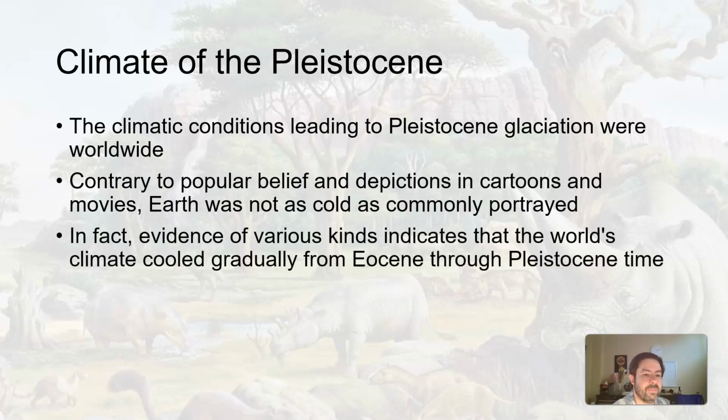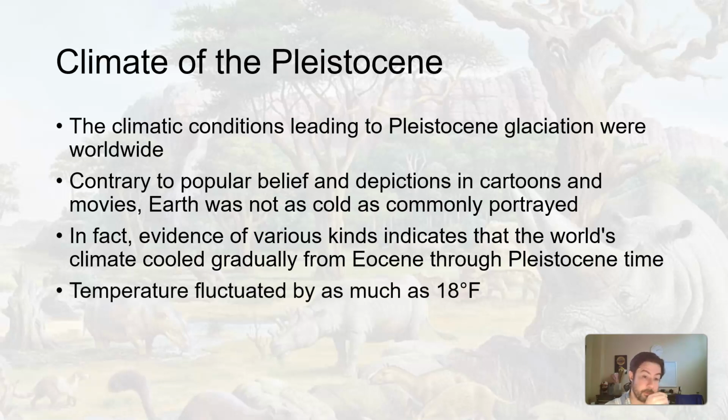Not quite the case. In fact, evidence indicates that the world's climate cooled very gradually during the Pleistocene, and temperature did fluctuate as much as 18 degrees Fahrenheit, which is a lot. Right? It is a lot, but it's not like everywhere was freezing. There were still plenty of warm places, just not on the glaciers.